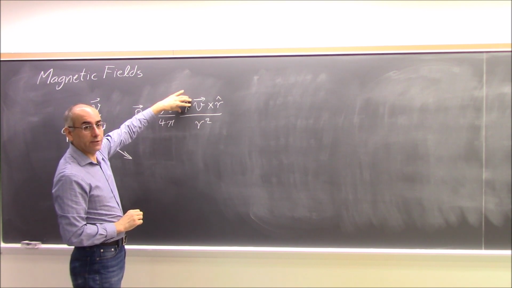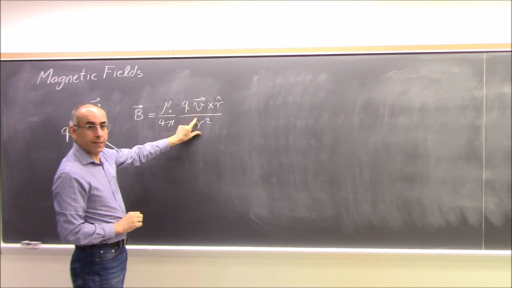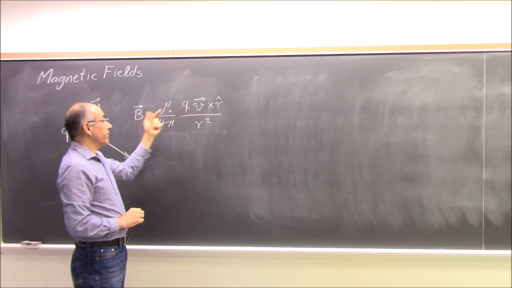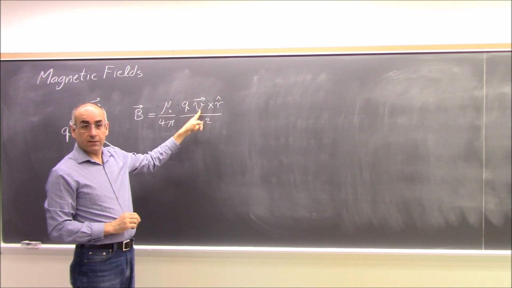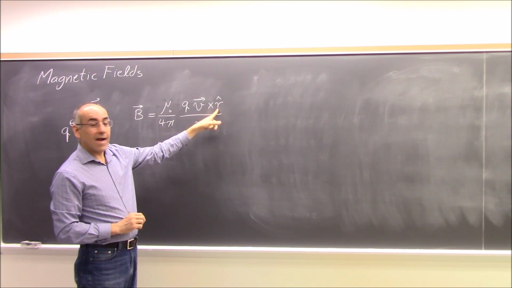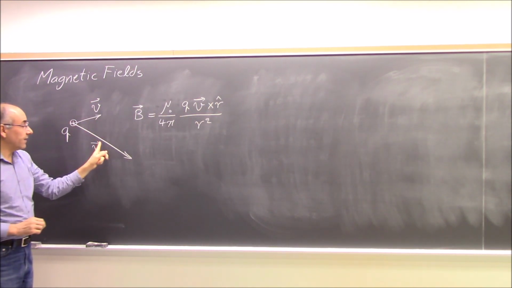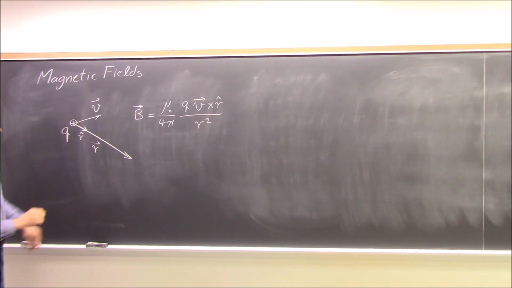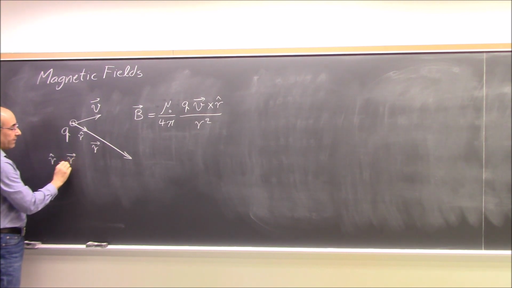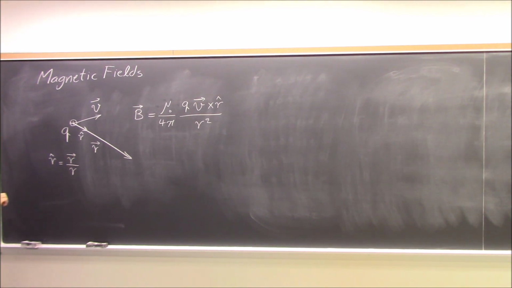This is the charge q divided by r squared. But there's this also. The magnetic field depends on the speed or velocity. And this also gives you the direction. r hat is the unit vector in the direction of r. r hat is basically the vector r divided by its magnitude, r. If you divide a vector by its magnitude, it becomes a unit vector in that direction, right?